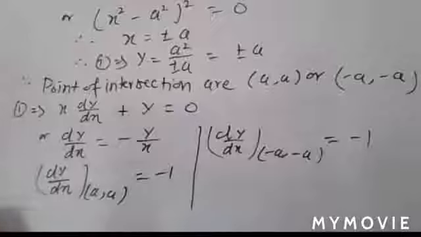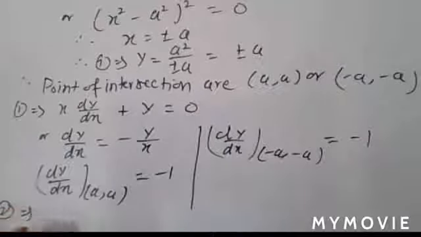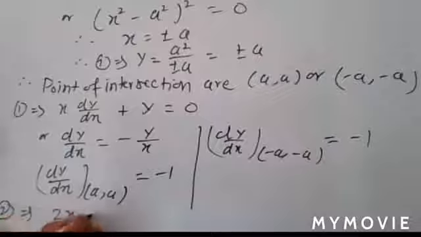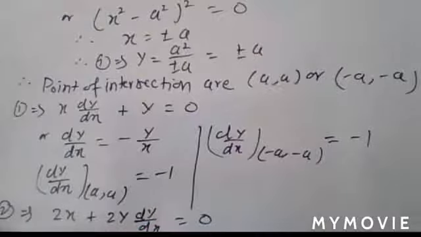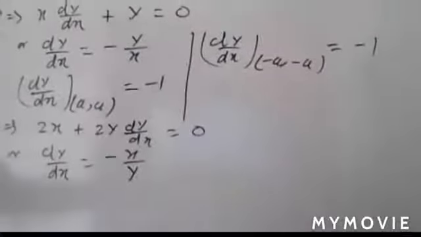Understand? In the same way, take the second curve and differentiate it. So you have 2x plus 2y dy by dx is equal to 0. So the value of dy by dx is equal to minus x upon y. Just check it.